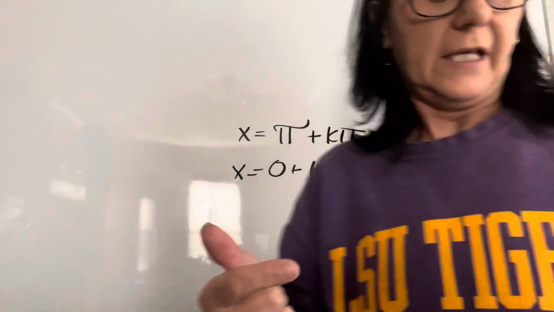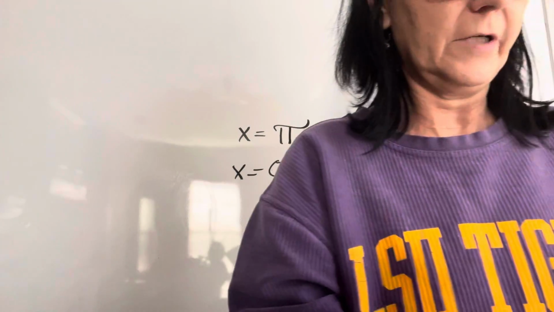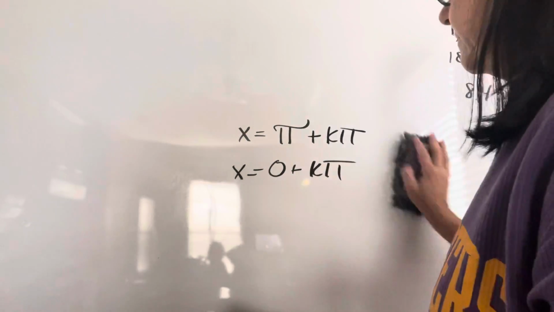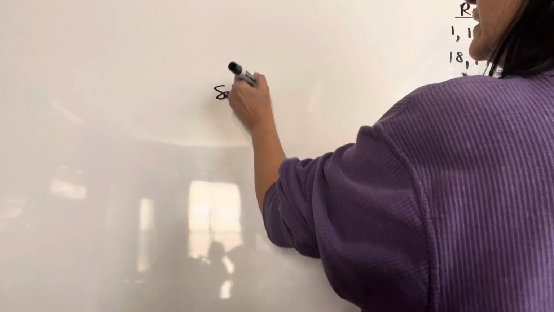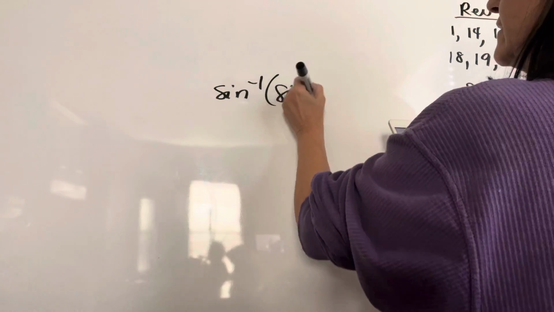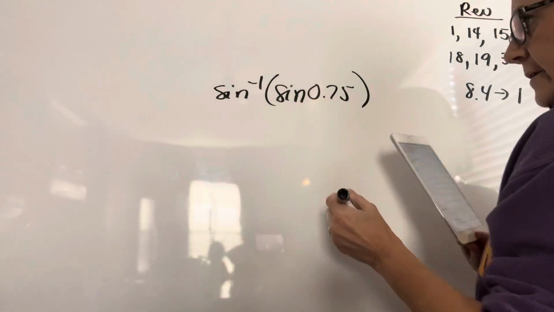All right, number 14. Let me tell you what page I'm on, guys. 564. All right, so the inverse sine of the sine of 0.75.